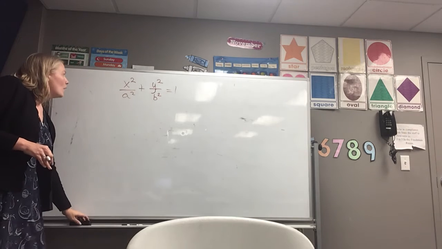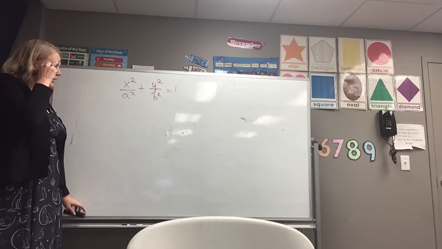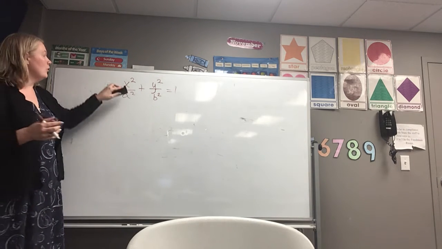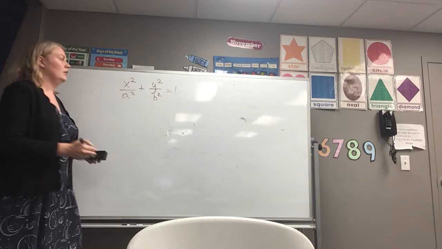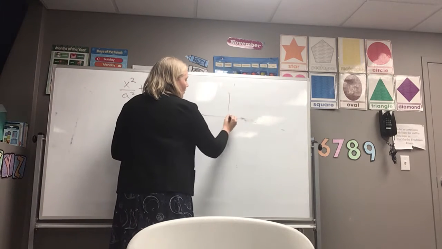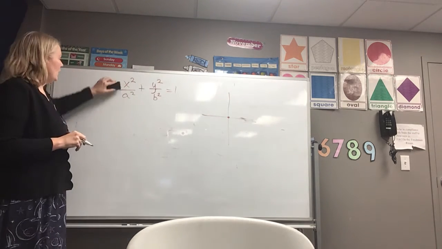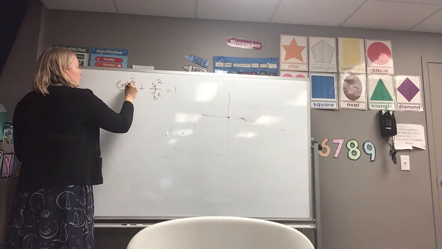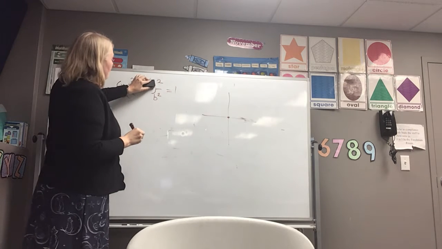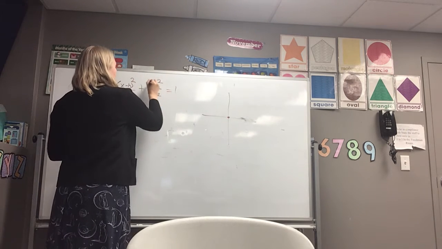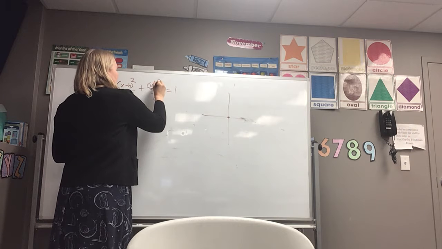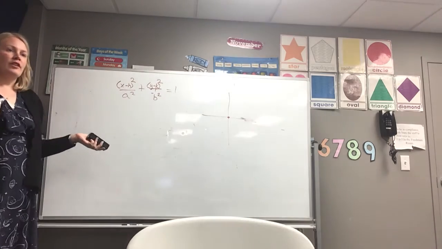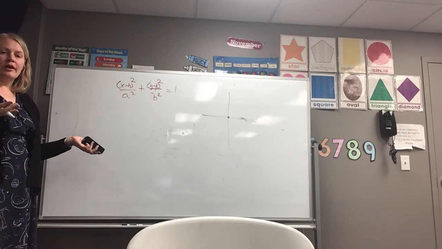But the other thing that we can add is the idea of the center shift, which you've already done with circles. If we have x squared and y squared, it's going to be centered at the origin. If we change it inside of the squared, that shifts the center of our ellipse.